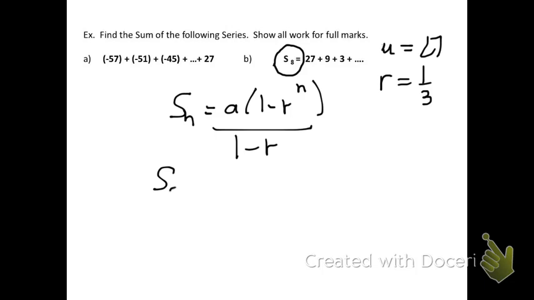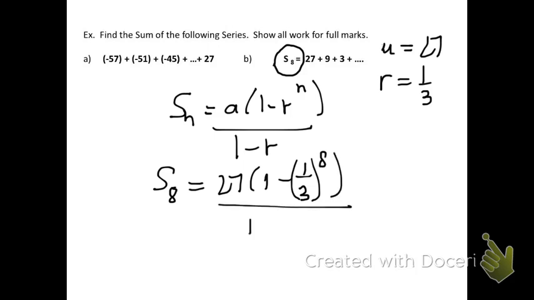So that means the sum of 8 terms is equal to 27 times 1 minus a third, oops, that looks like a half, 1 minus a third, and the third is raised to the power of 8, all over 1 minus 1/3. When you do this on your calculator, you will get some kind of crazy number, and so we're going to round this, and it's approximately 40.49.